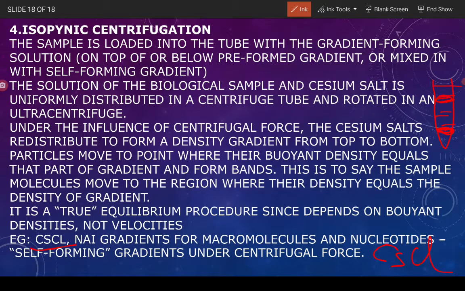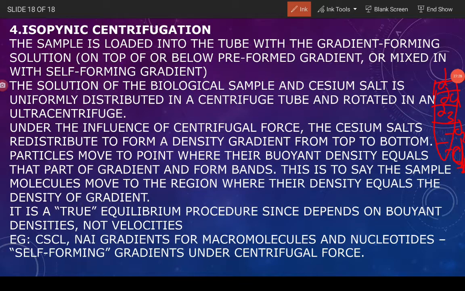So there are different cesium salts, differentiated according to their gradients. So there is D1 density of cesium chloride, here is D1, here is D2, here is D3, and here is D4 and D5, right?